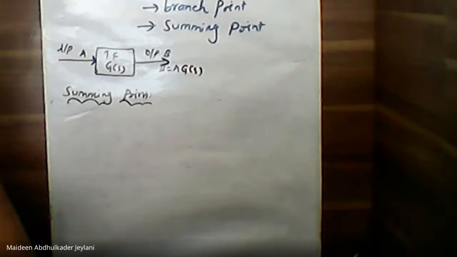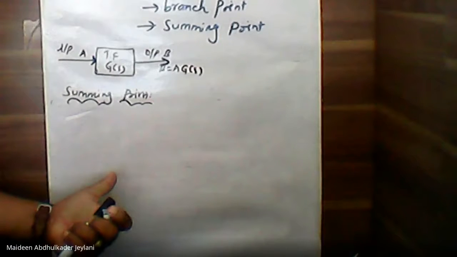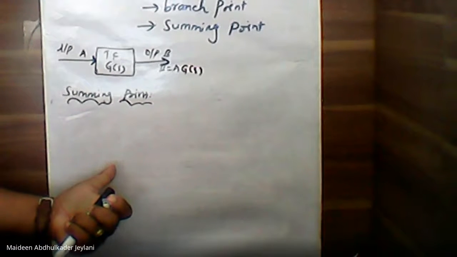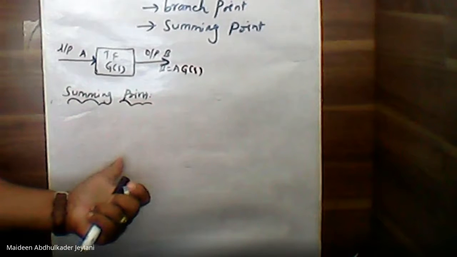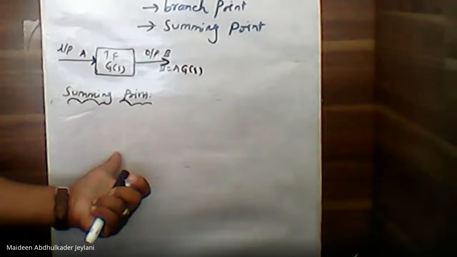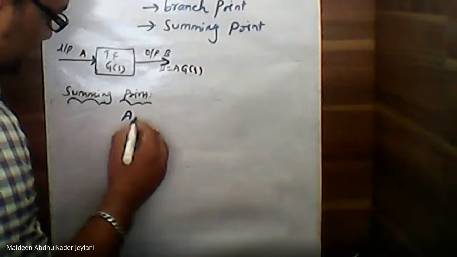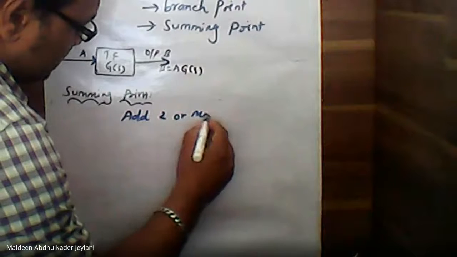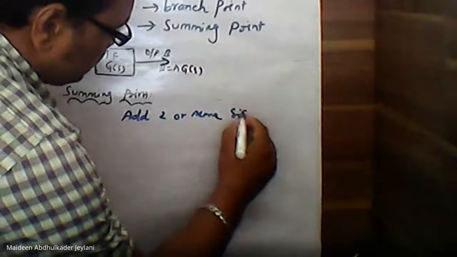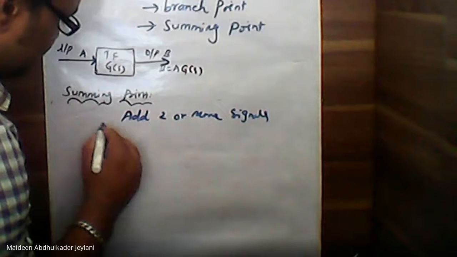For that, we need the summing point. Another name for the summing point is comparator or error detector. So the summing points are used to add two or more signals in the system.